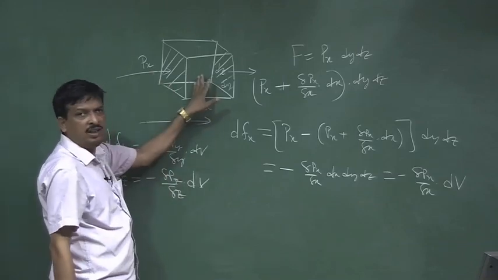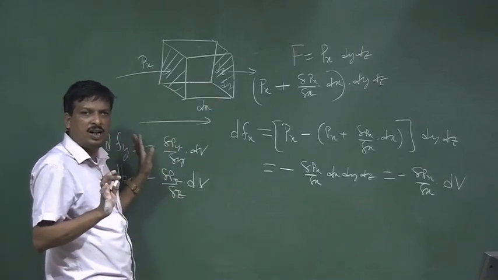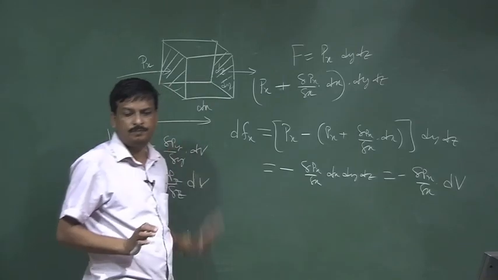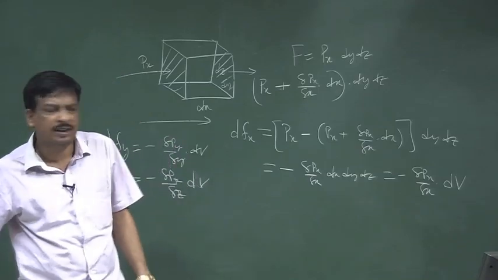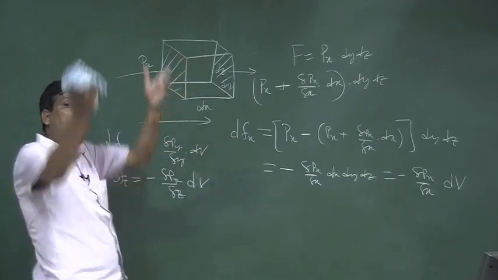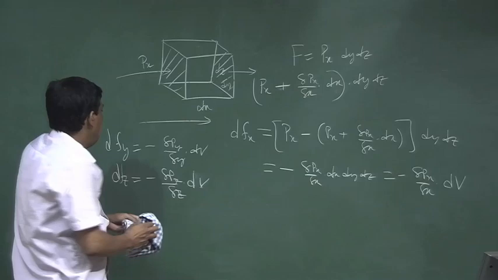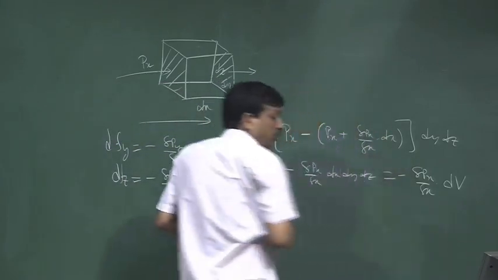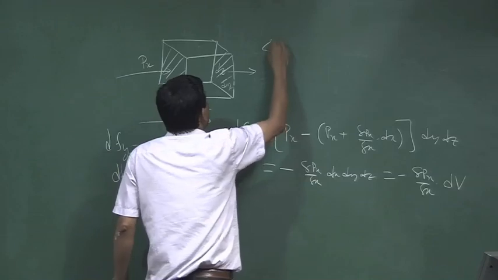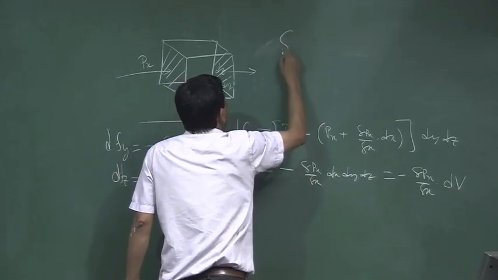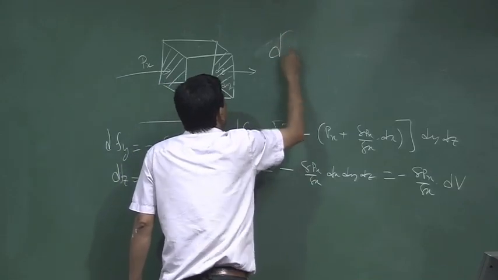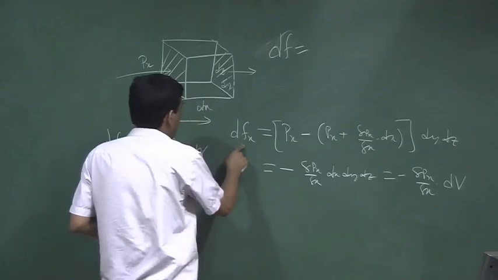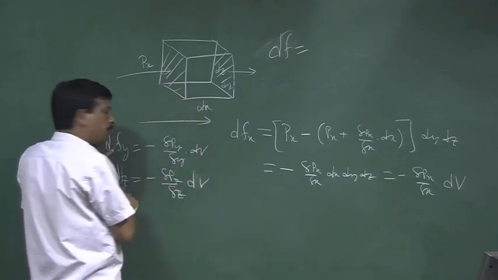Similarly, we get it in all directions. So, what is the total force acting on this volume in all three directions? It is the summation of those: dF is equal to dFx plus dFy plus dFz.